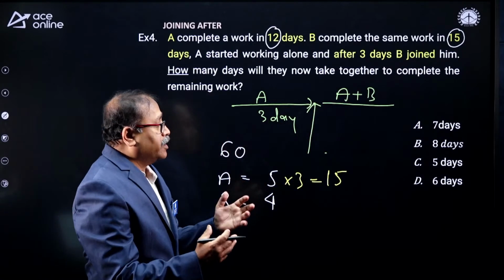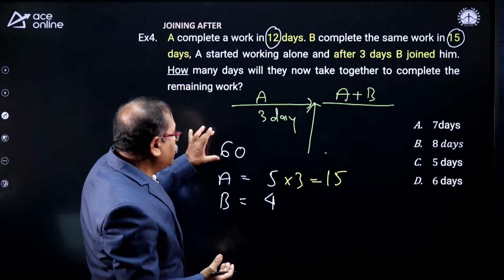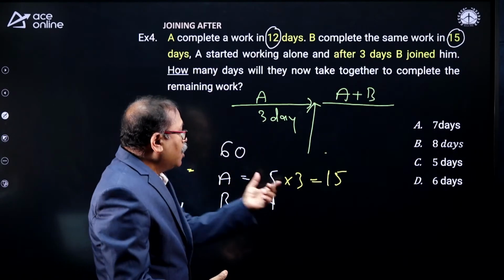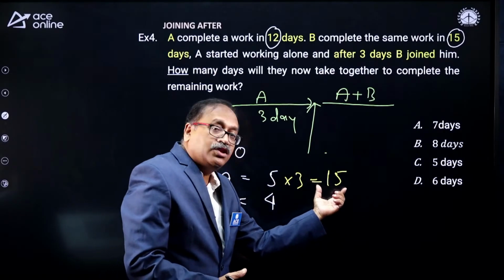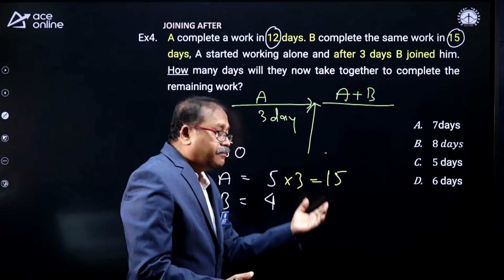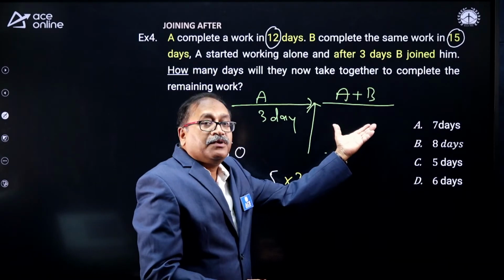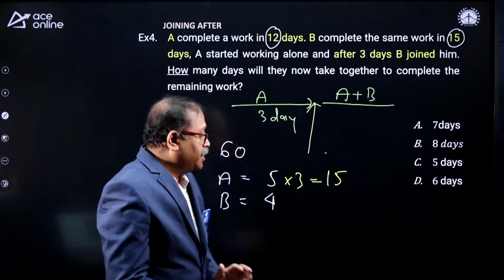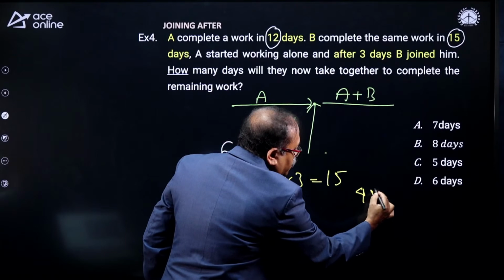So when B joined, how many units are left to work out? The total number of units is 60, out of which A alone completed 15 units. Then 60 minus 15, that's 45. So they together will be completing 45 units.